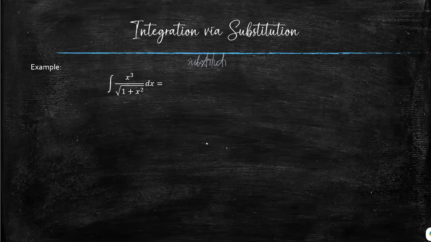So we're going to do substitution, and we're going to replace square root of 1 plus x squared with t. Actually, not the whole radical, just what's inside of the radical, 1 plus x squared. And then dt will be 2x dx.